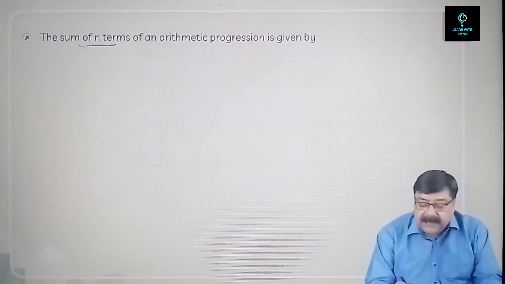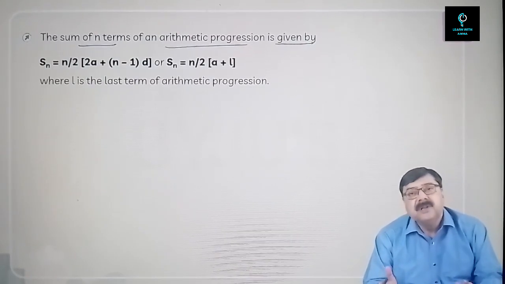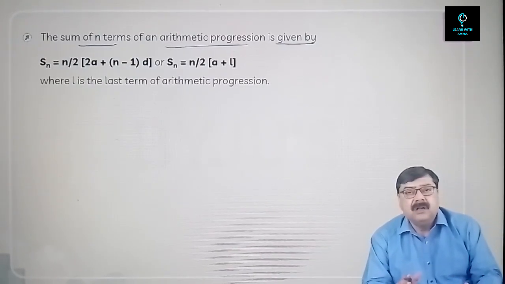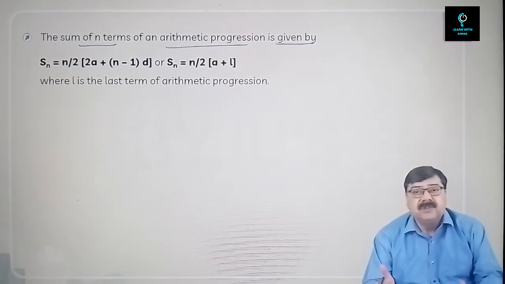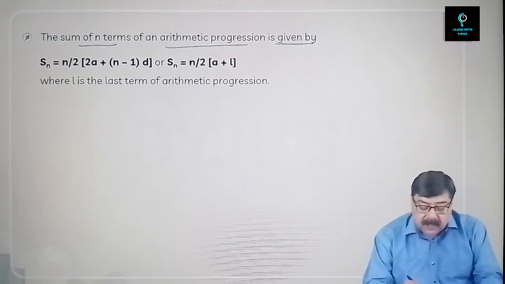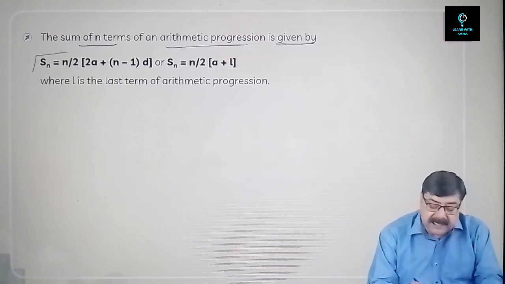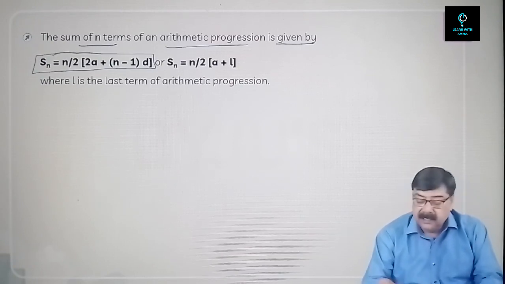Now the sum of N terms of an arithmetic progression: sometimes questions have been asked on finding out the sum of the terms for a given arithmetic progression. So there we have a formula, that is Sn equals n by 2 into (2a plus (n minus 1)d).